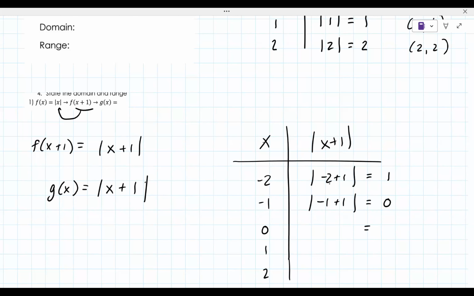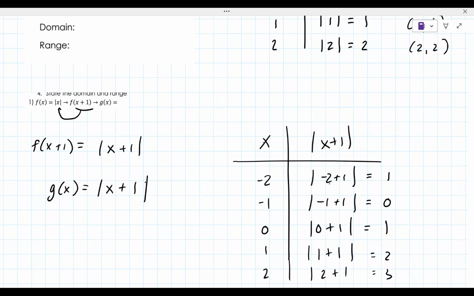So for 0, it's 0 plus 1, the absolute value of that, which would equal 1. Say 1. Next one would be 2. Next one would be 3.